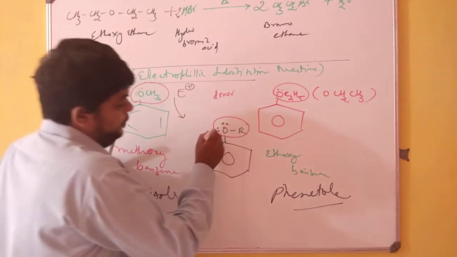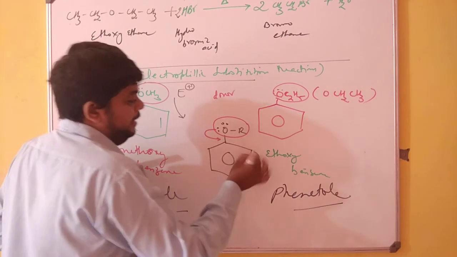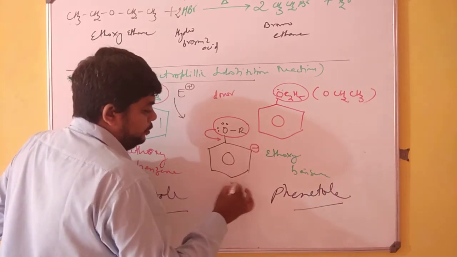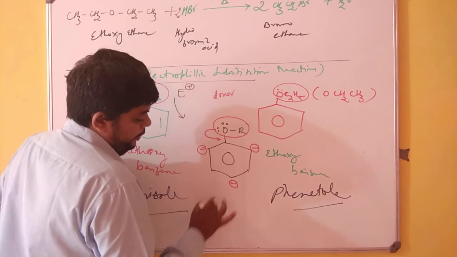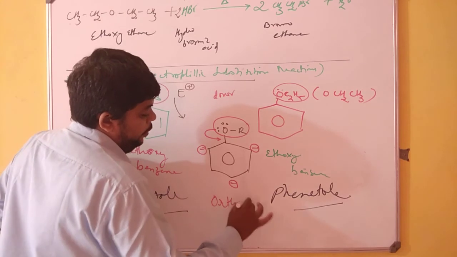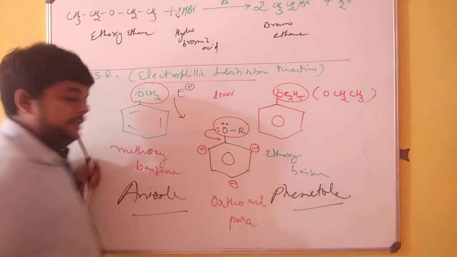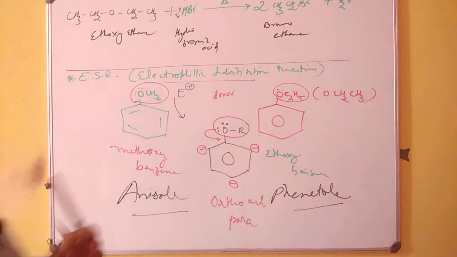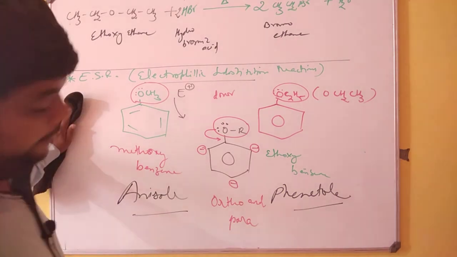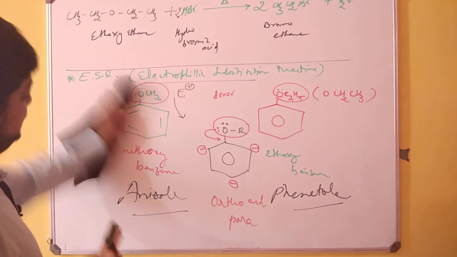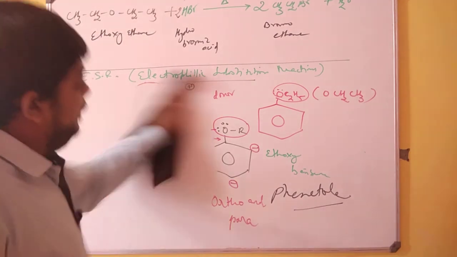And being a donor group, it will always activate the ortho and the para positions, and therefore the attacking electrophile will have to attack either at the ortho position or at the para position.